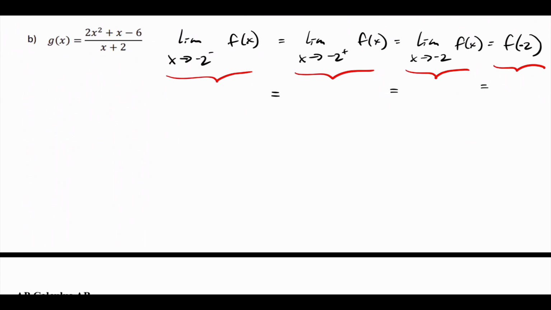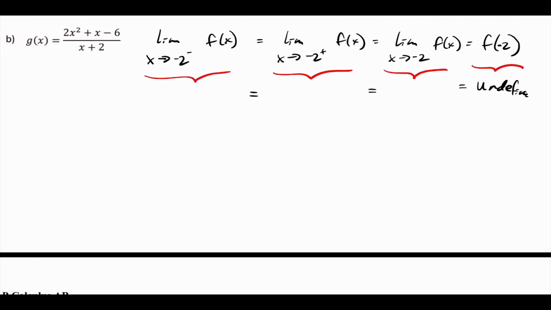If I plug in -2, I already know what I'm going to get: undefined. And what am I going to get at the limit as x approaches -2? I'm going to get D and E, right? Because there's an asymptote there.